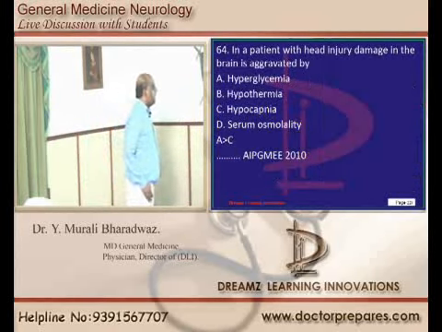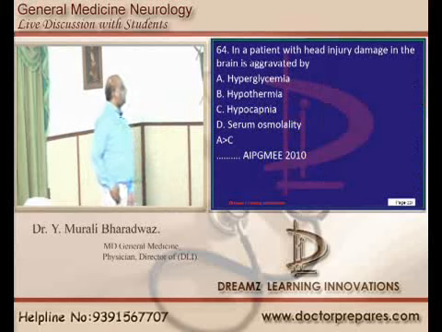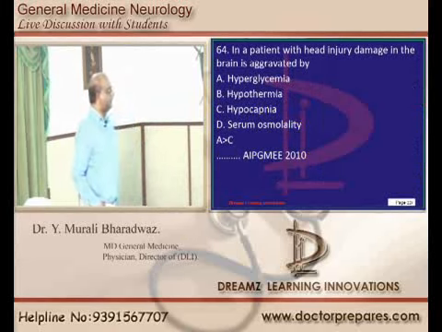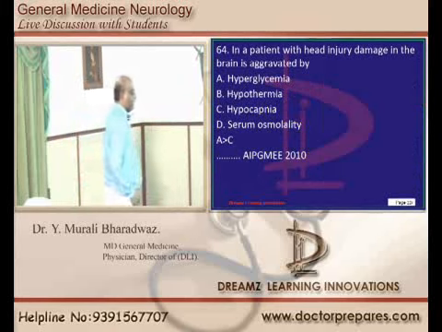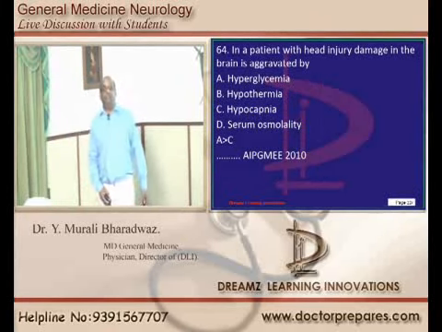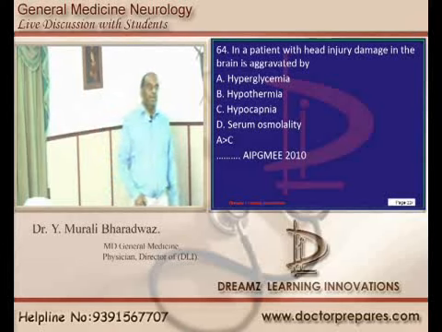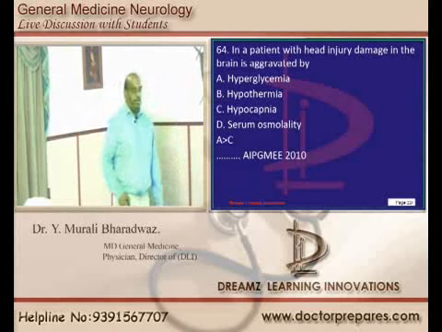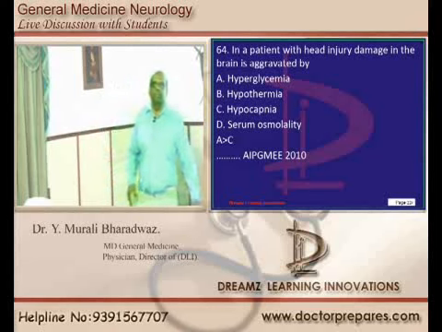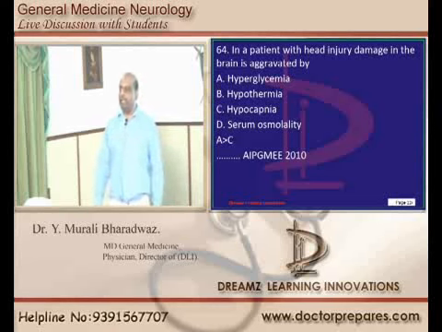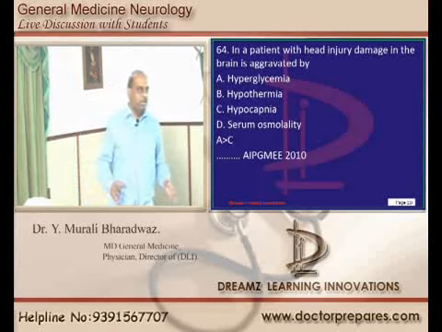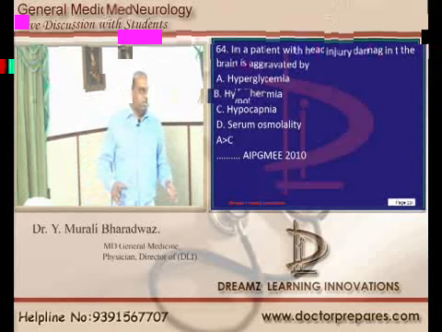And in a patient who is having head injury, what can lead to the damage of the brain? So doctor, whenever we say head injury patient, it's an ongoing insult. Always remember, in casualty you are working. If it is trauma, the most important thing that you need to give is the steroid.